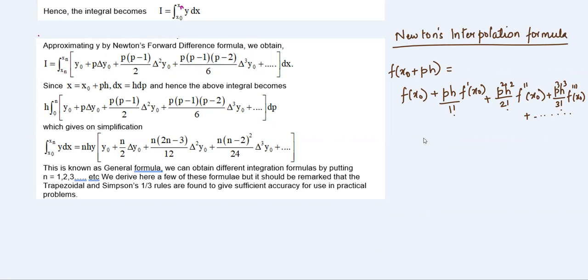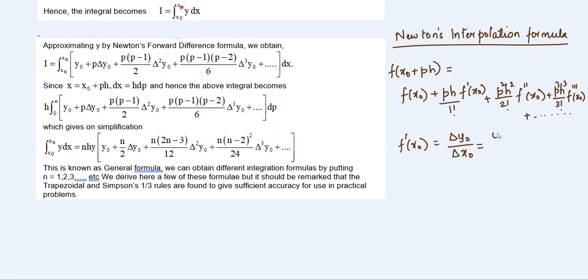Now, how do we write these formulas? So we write like this. Now, this f dash of x naught, we write as, say, delta y naught by delta x naught, change in y by change in x.